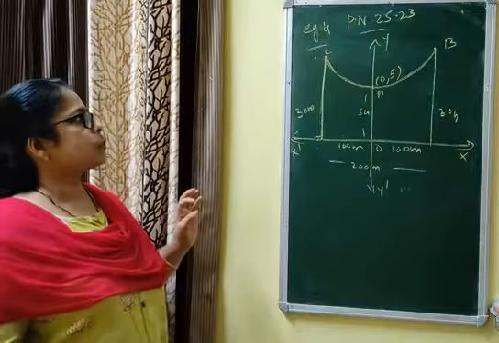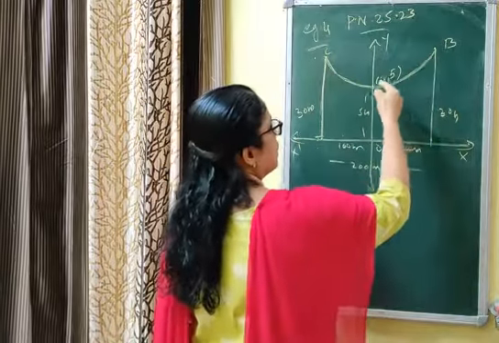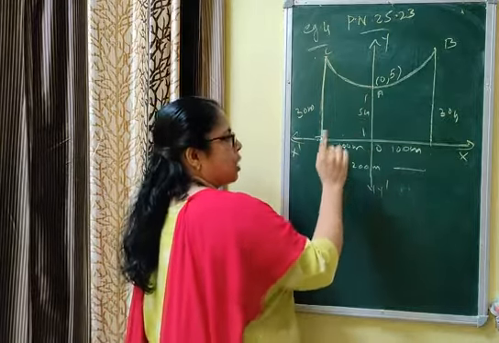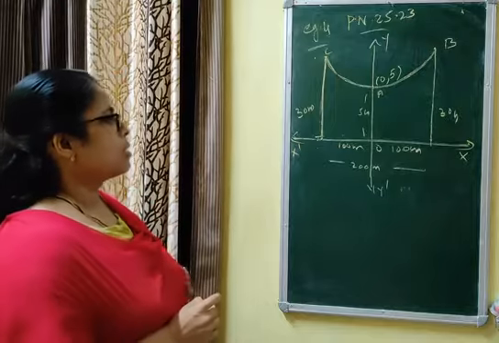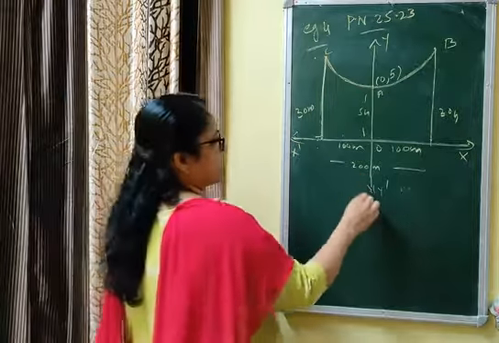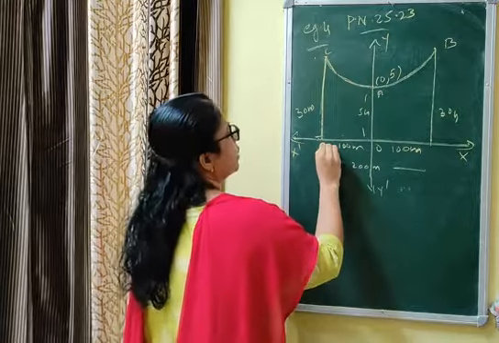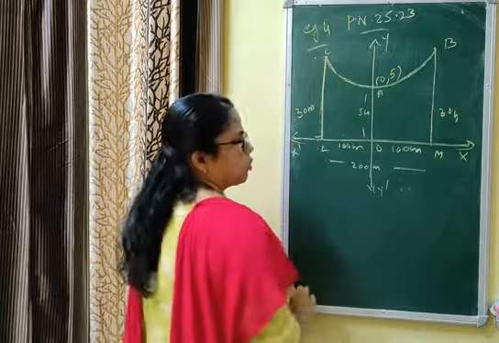Once again, there is a bridge hung in the roadway in the form of a parabola. Its center is at a height of 5 centimeters above the ground, and the width of the road is 200 meters. Since this is the y-axis, I am taking this distance as LOM. Then LO is equal to 100 and MO is equal to 100.